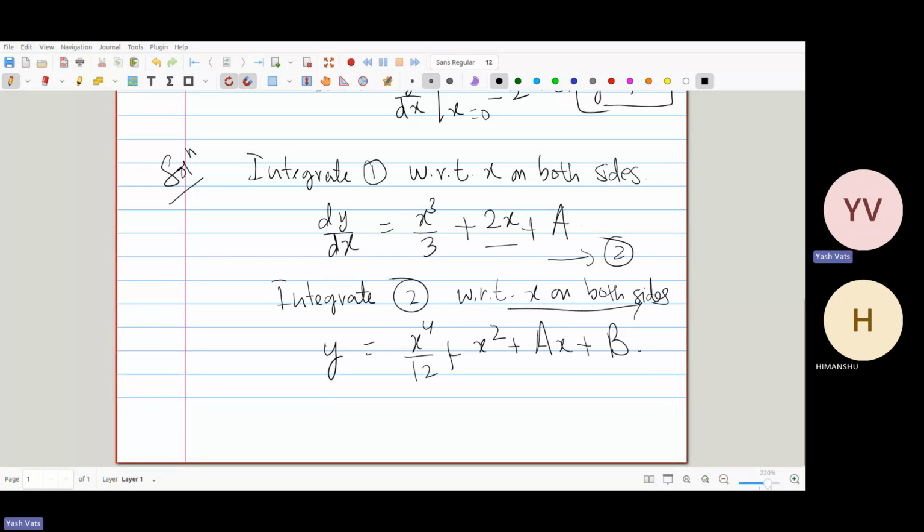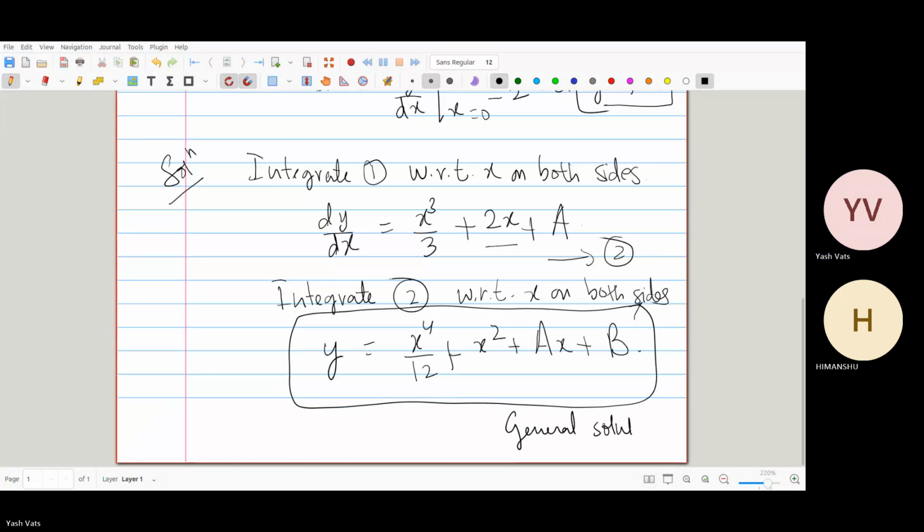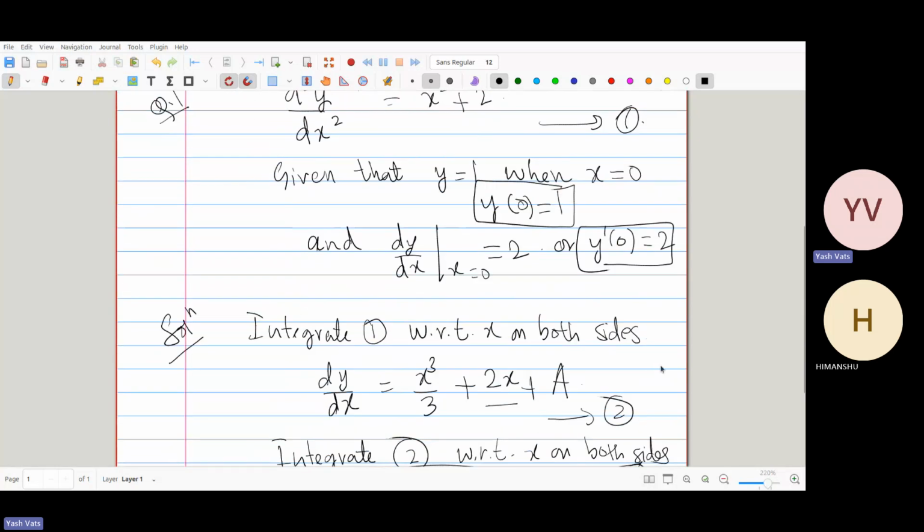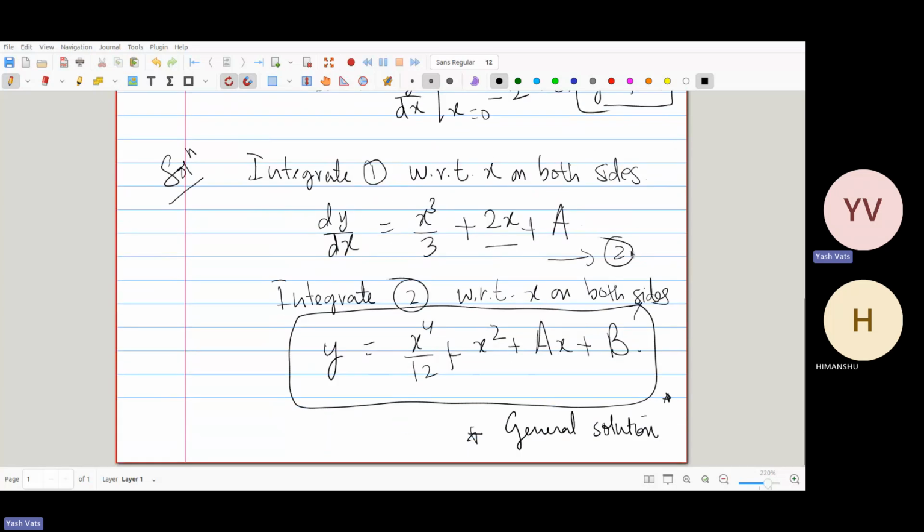We say that star is the general solution, and we have to find the exact solution given the initial conditions.